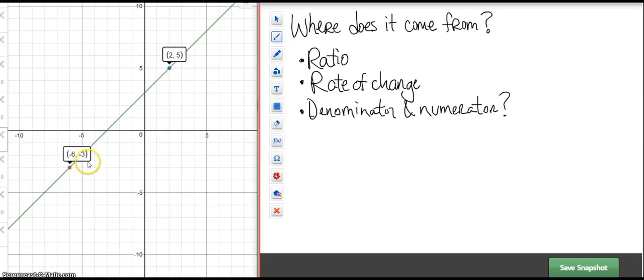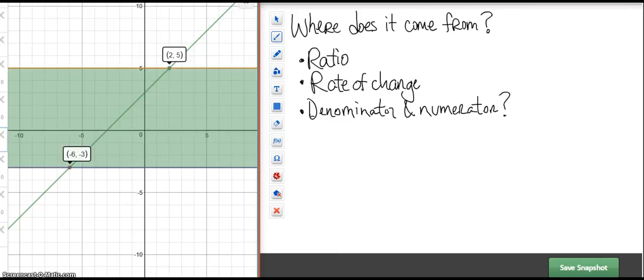Well, let's talk about our numerator first, our rise, our y change. So in this example that I have here, my y starts at -3. That's where my y value begins. And it ends at 5. So I want to find the change in this interval. How much did I move?